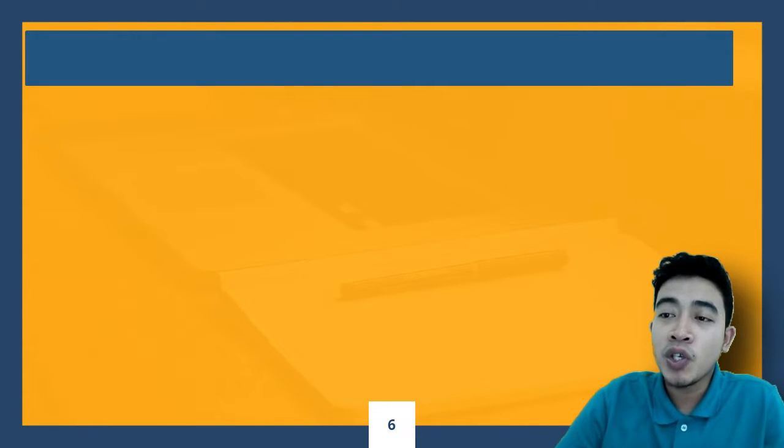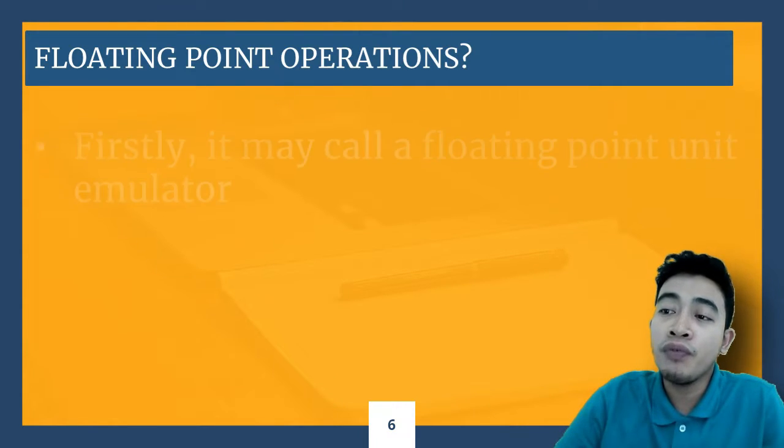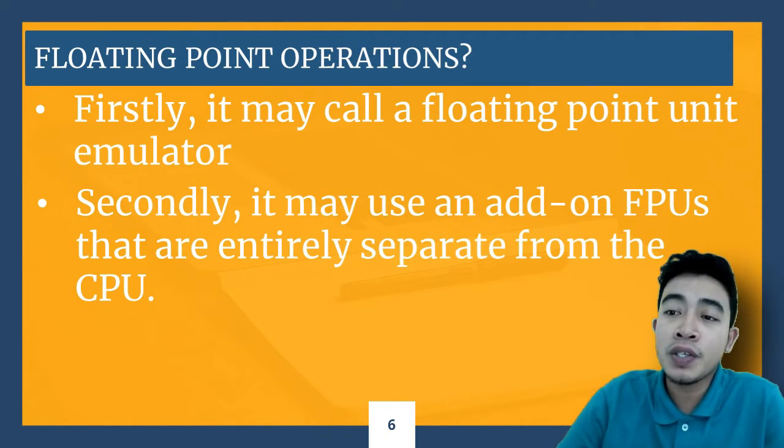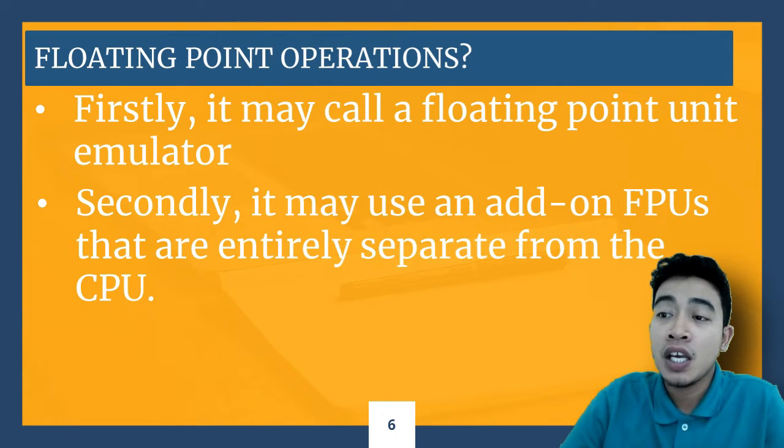When the CPU executes a program that is calling for a floating point operation, there are three ways by which it can carry out the operation. Firstly, it may call a floating point emulator, which is a floating point library, using a series of simple fixed point arithmetic operations which can run on an integer ALU.